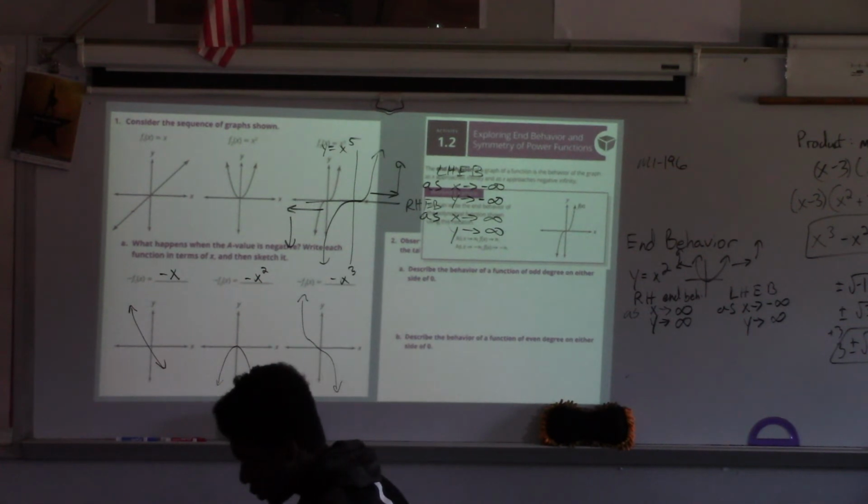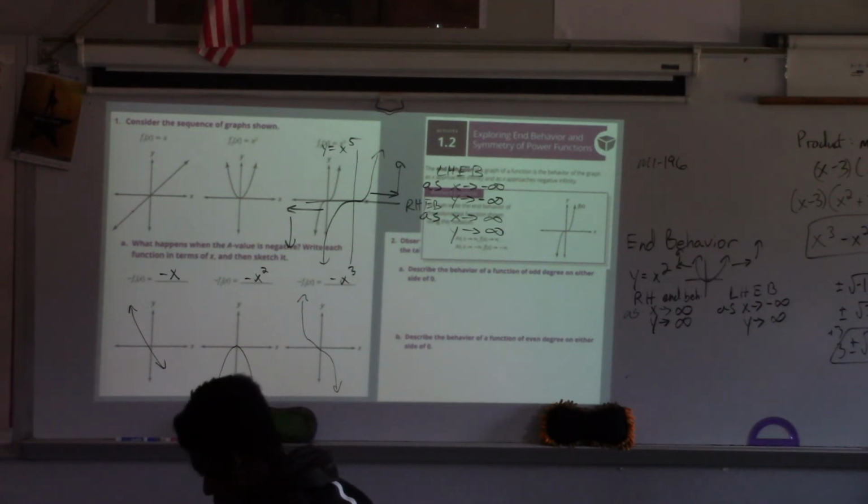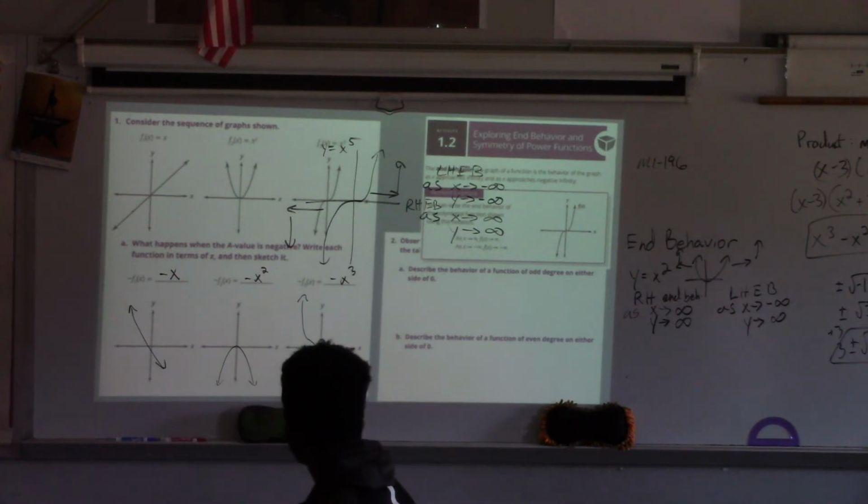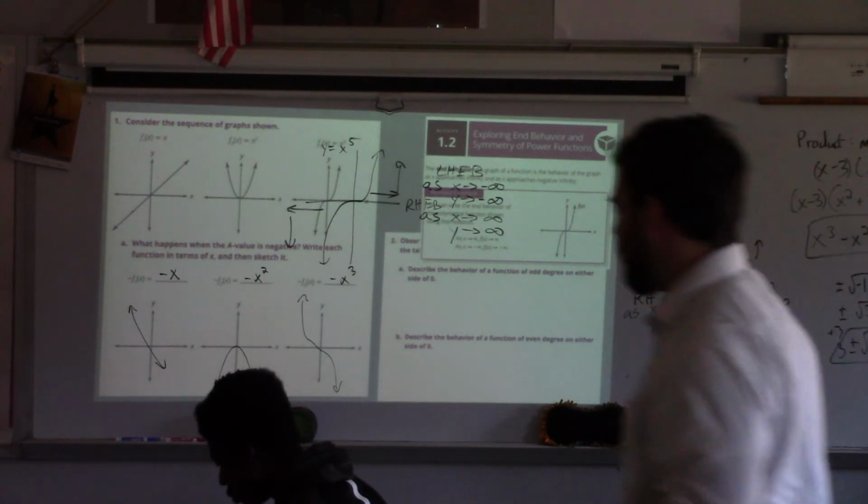The arrow indicates it's approaching. And what's the y approaching? So you want that arrow again.